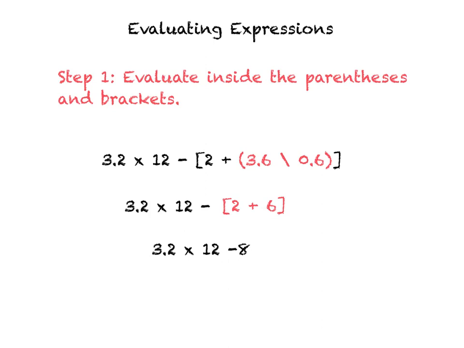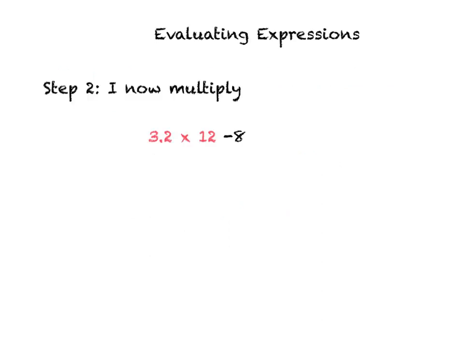I was able to remove my brackets now because I have finished solving everything that was inside of those brackets. So now I can continue forward. So now that brings me to step 2, when I now multiply. What am I going to multiply? Well, I'm going to multiply my 3 2/10 times 12. That's the only part that I'm multiplying.